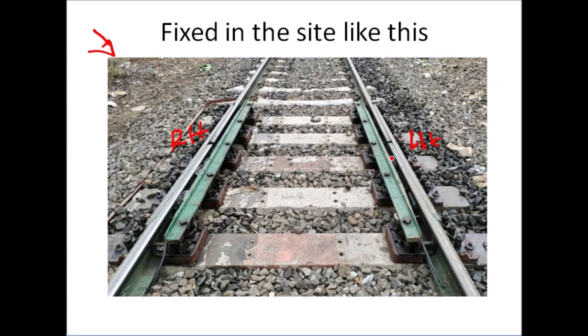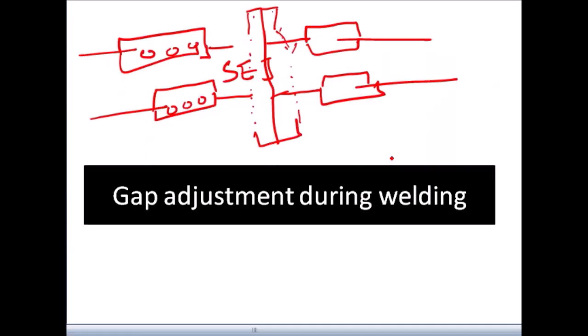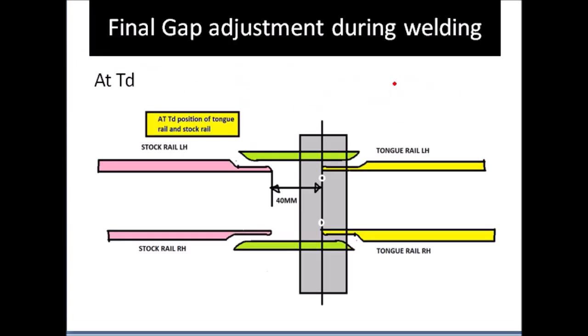Alright, now once we have installed, we have to do welding, right? So temporarily we will tie it with plates. So here you have 1 meter fish plate, here 1 meter fish plate, and we will temporarily fix it like this, right? Now during welding you have to do gap adjustment, right?